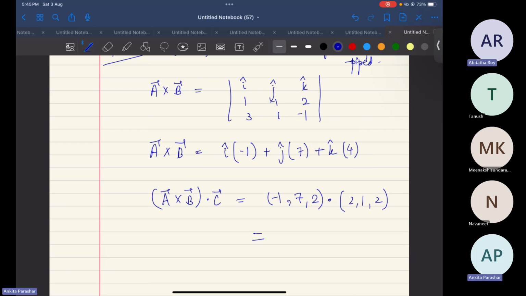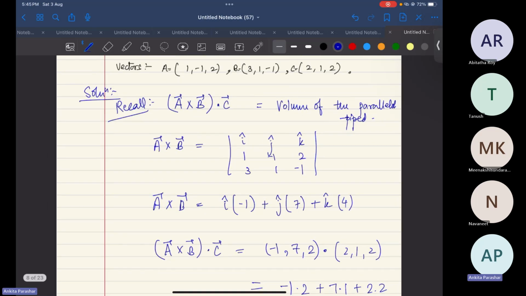And then we will add the answers. Finally, what do you get? We get 9. So it is minus 2 plus 4 plus 7, which is 9. So therefore we got the volume of the parallelepiped.